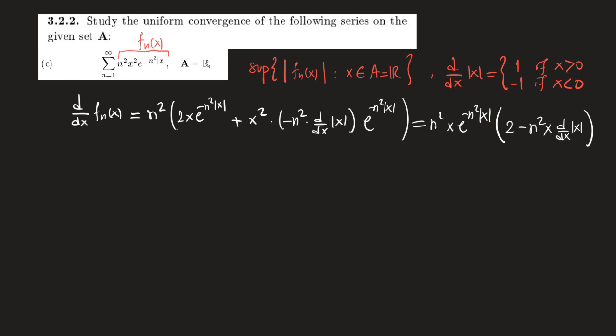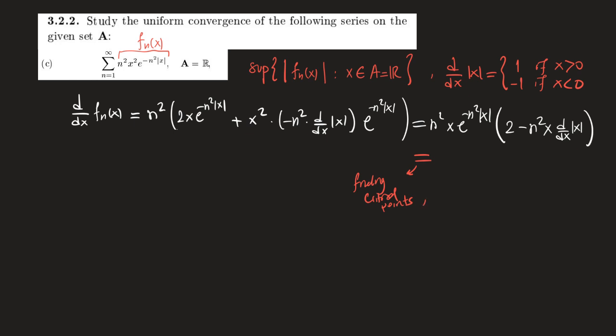Since I'm finding critical points, let us analyze when this thing is 0. First, this term is 0 if and only if x is 0, because this never is 0, since n is starting from 1. So the only thing that can make this part 0 is x equals 0. Okay, so I get 1 critical point.